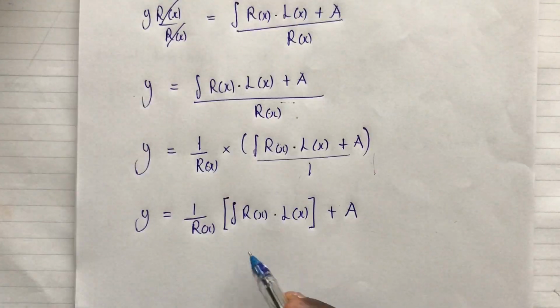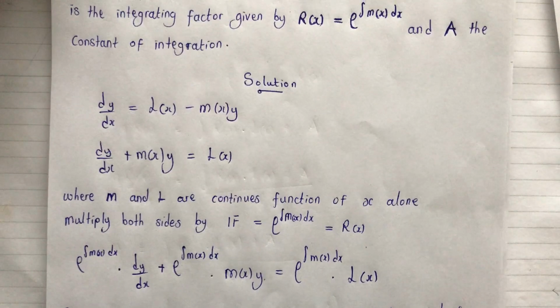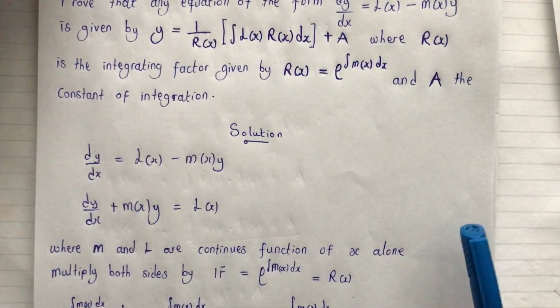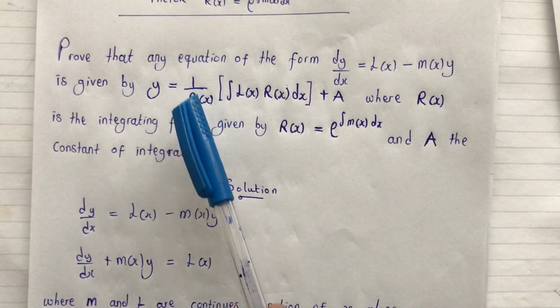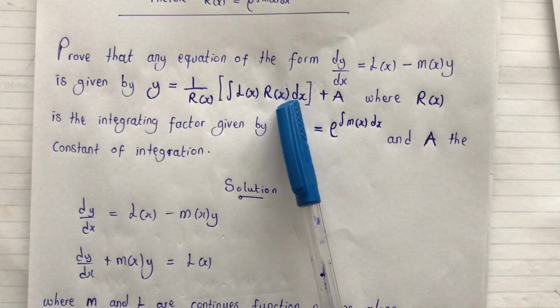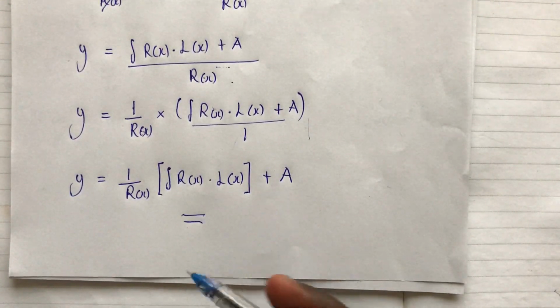So that is it. We are done. So the question says that we should prove that the linear differential equation dy/dx equal to this will give us the result 1 over R of x integral of L of x R of x dx plus a. Alright, so that is what we have gotten.